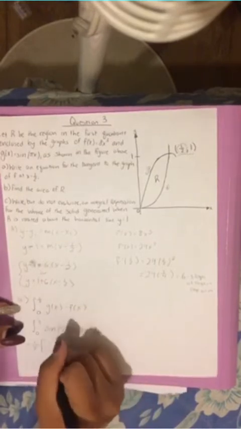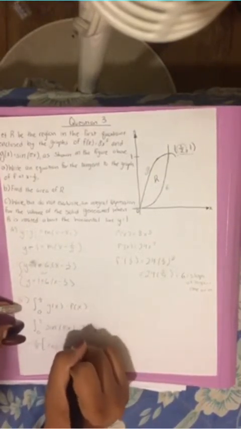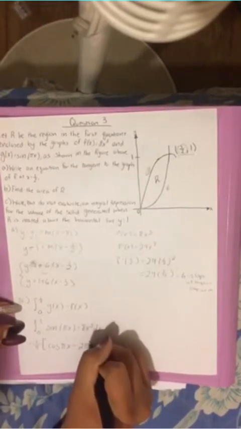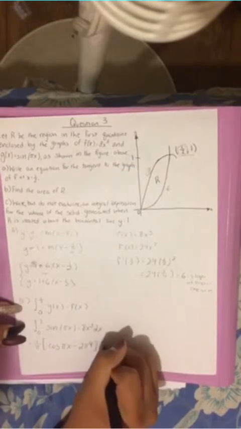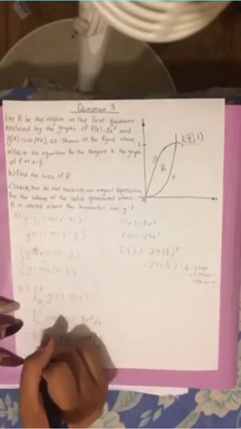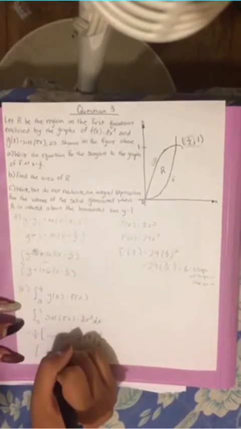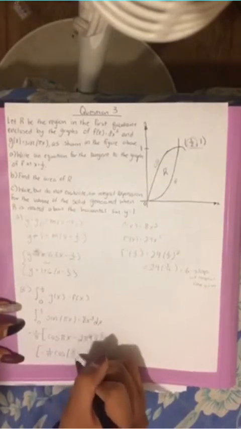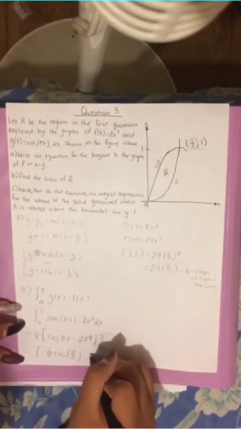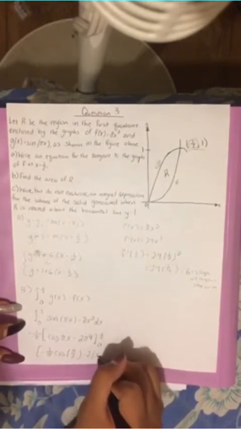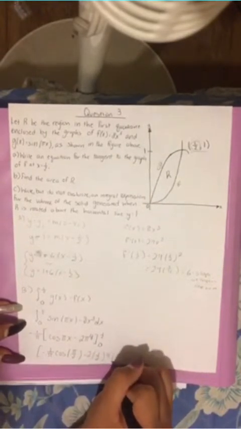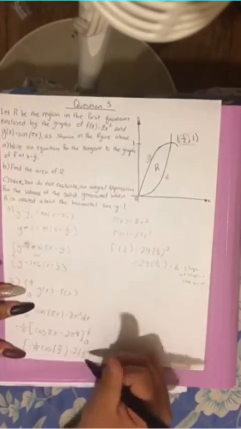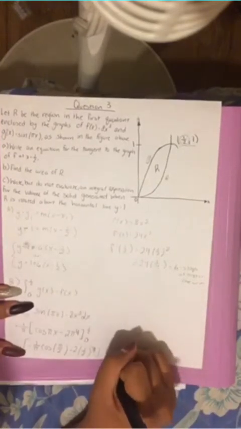What we need to do is take the antiderivative, which is negative 1 over pi cosine pi x, minus 2x to the 4th. Sorry, this is to the 4.